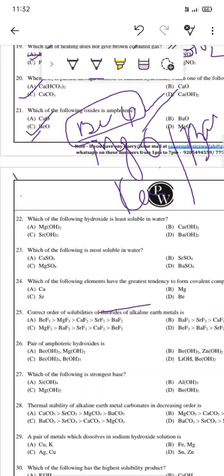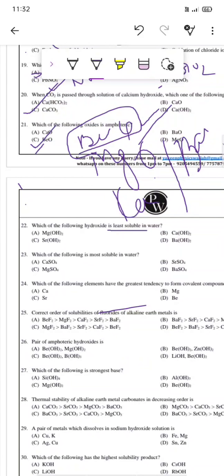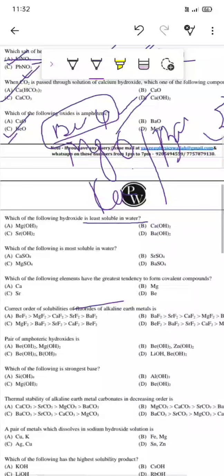Which of the following hydroxides is least soluble in water? Solubility. Actually, solubility increases down the group for hydroxides, with beryllium as an exception.